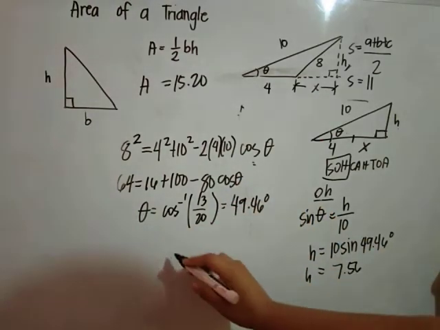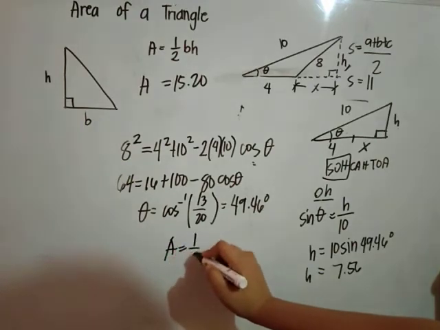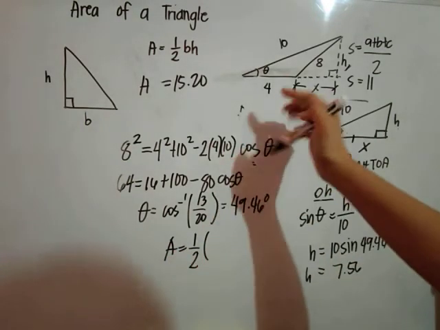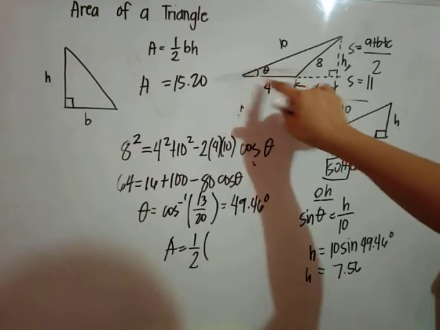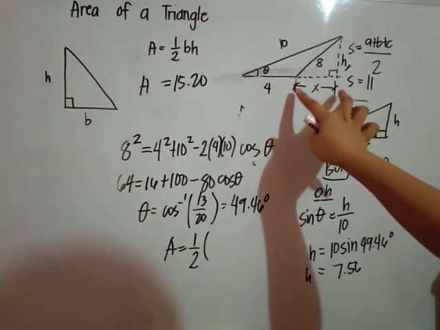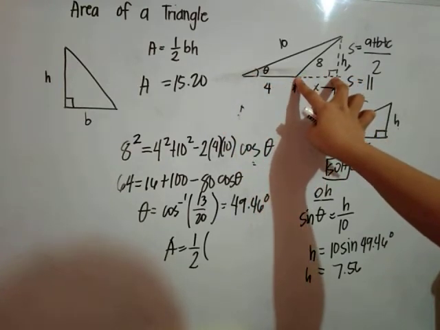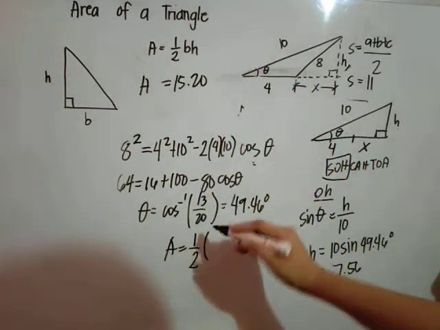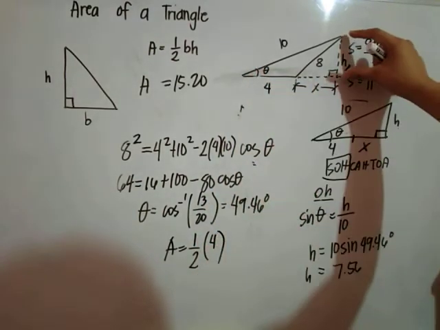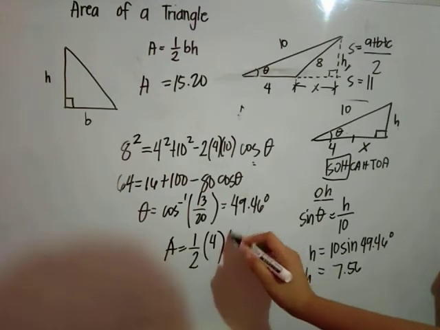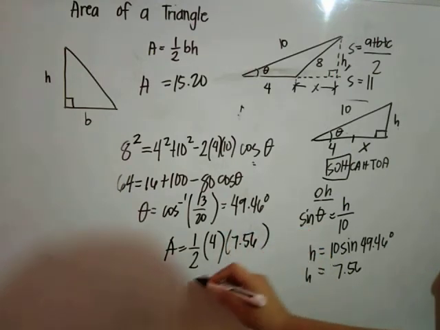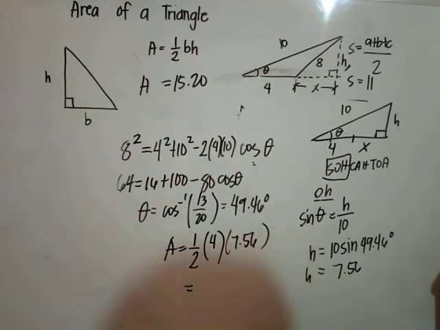So, therefore, pagkuha natin ng area ng triangle natin, we have the base. So, yung base natin, kahit nag-extend tayo doon ng ganitong x, hindi natin yan kinoconsider na base. Ito pa rin yung base natin. 4 lang. So, yung height natin, ito siya, which is 7.56. So, kapag sinimplify natin, perform natin yung mathematical operation.